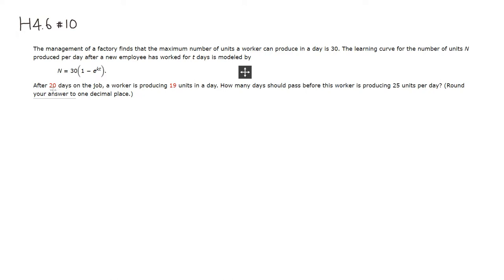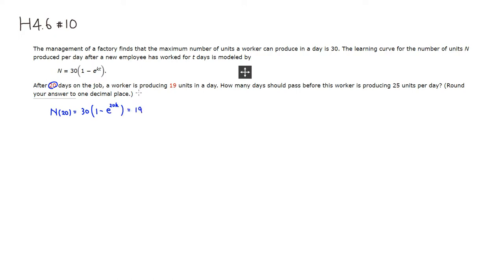It says that after 20 days, so N of 20, so t is equal to 20, and it's producing 19 units a day. So this is going to be 30 times (1 minus e to the 20k) equal to 19.